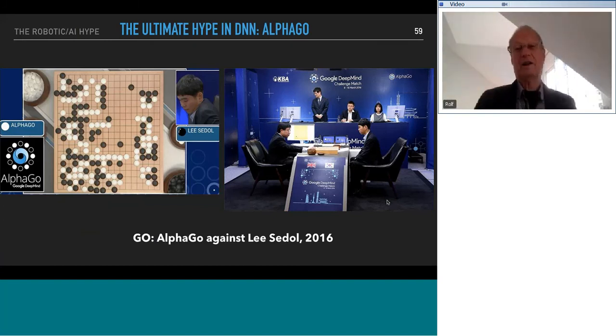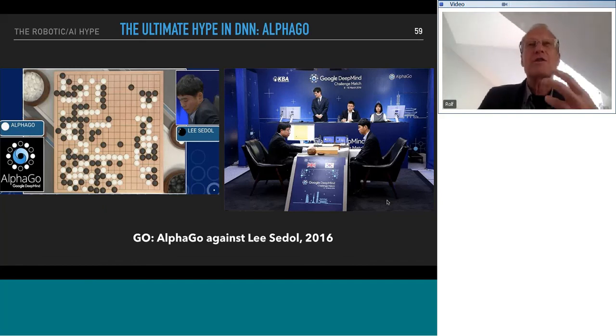Now, the ultimate type in deep neural networks is, of course, AlphaGo or AlphaGo Zero. The brilliant idea behind AlphaGo is that they let the program play against the best versions of itself, and by doing this it can continuously improve without human intervention.